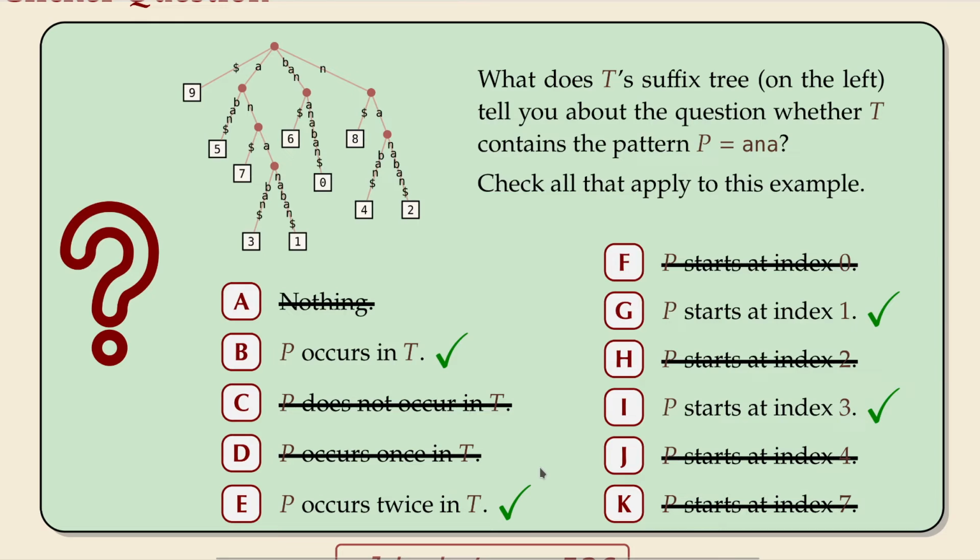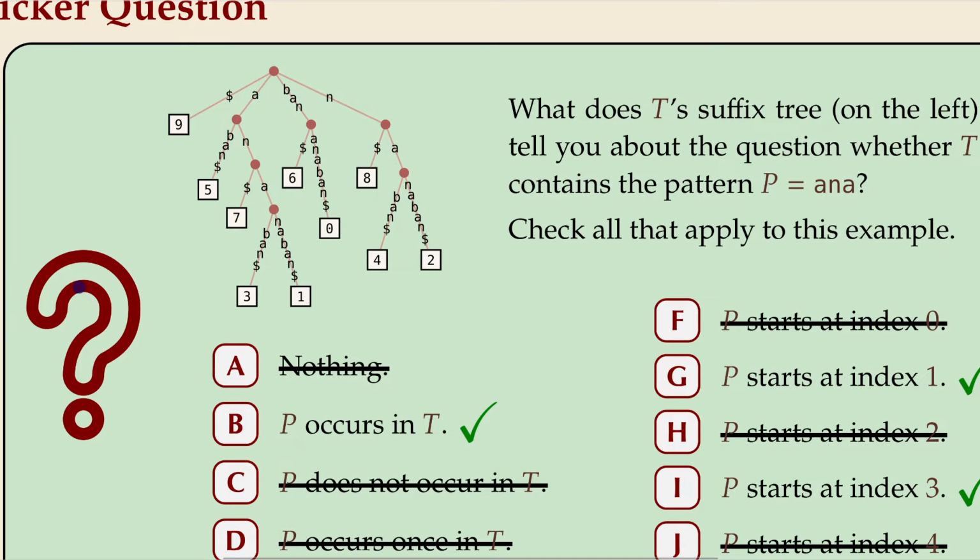Not sure if that was clear for all of you. So let me just show you how you would come up with this conclusion in the tree. Okay. So we have to find this pattern A and A in the suffix tree. It's a trie, so we do what we always do in a trie. We search by starting at the root.